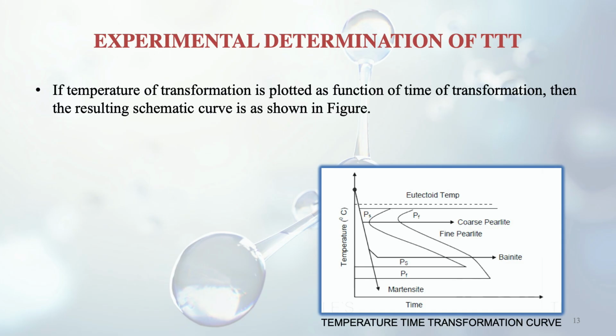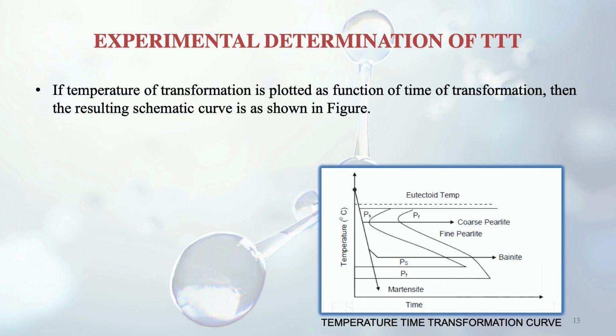Here you see temperature is on the y-axis and time is on the x-axis. The starting of the transformation is given by the line marked as PS, shown here by the red arrow, and the finishing of the transformation is given by the line marked as PF, shown here by the green arrow.